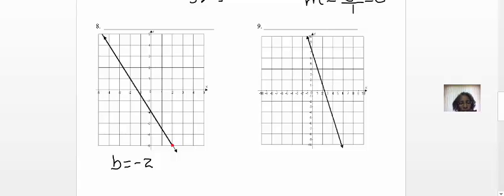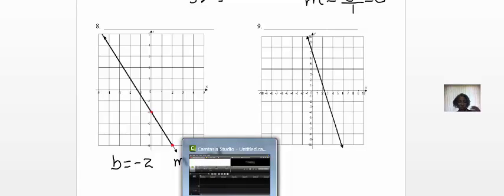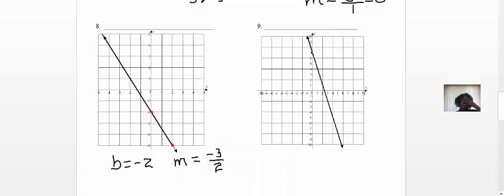All right, so I'm starting at this y-intercept, and I'm moving down. Let's count our units. I moved 1, 2, 3 units down, so that's a -3. Down is the negative vertical movement. And then I moved 1, 2 units right. Right is a positive movement, so I've got a negative over a positive.